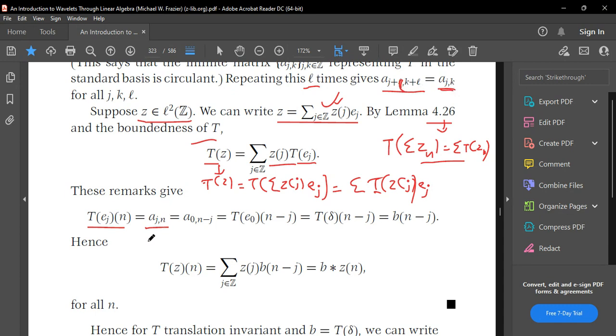If we apply l equal to minus j here, a_{j,n} changes to a_{j-j,n-j}, which is a_{0,n-j}. That is written here.